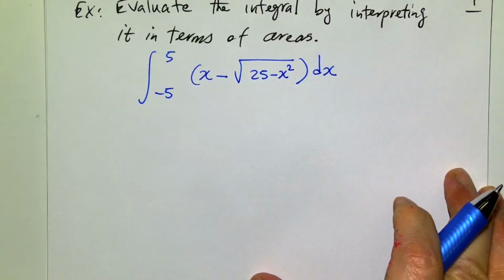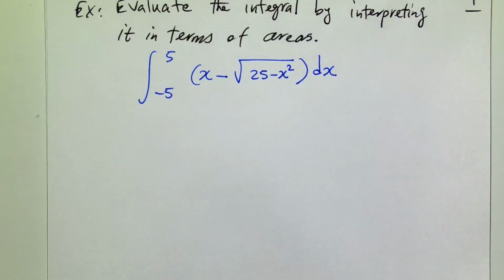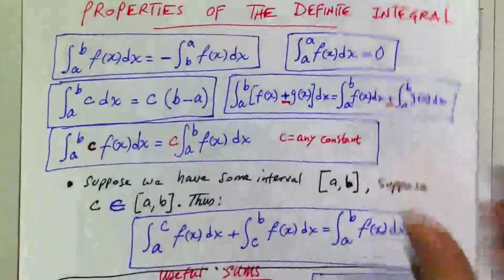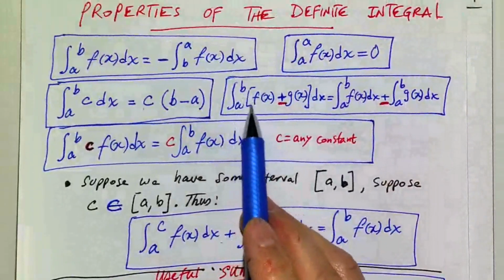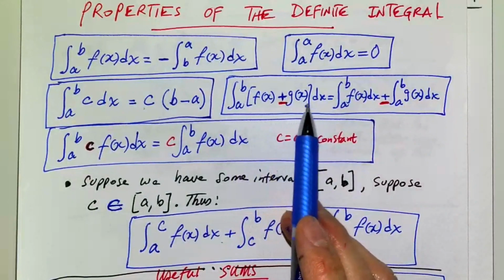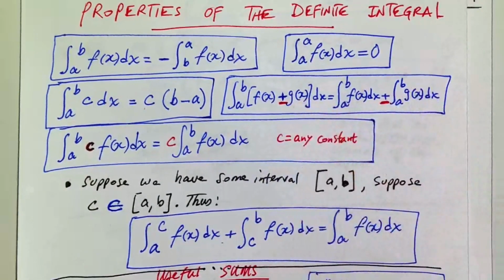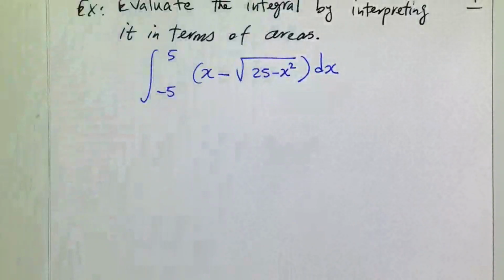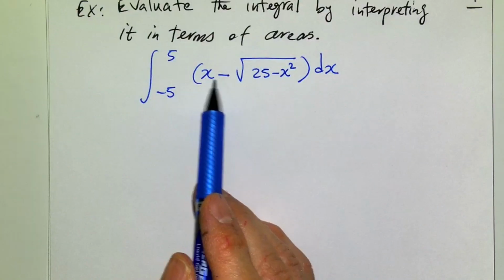Well, one of the properties that we mentioned earlier, let me bring that back. If I can find it quickly. Oh, there it is. Remember this? The definite integral of f of x plus or minus g of x dx is equal to, we can separate them like that. So we have f of x minus g of x.